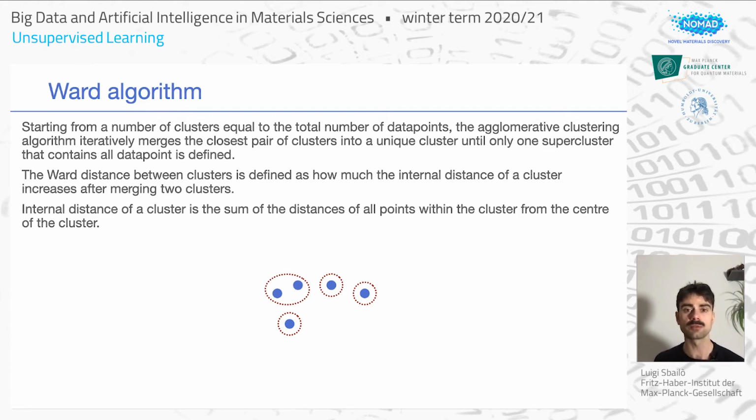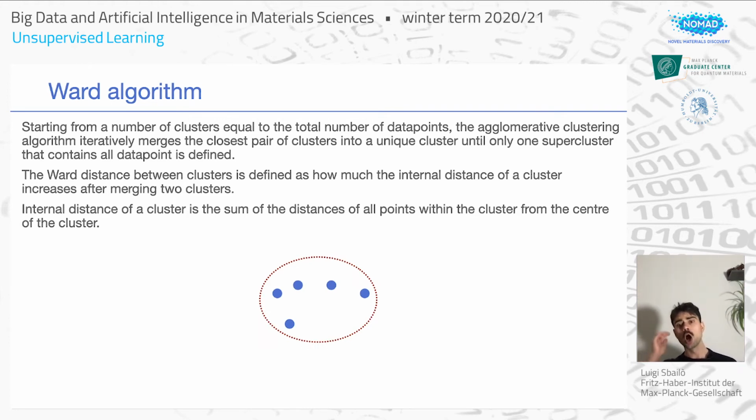And in this case, in fact, the best solution would be for the algorithm to merge the clusters to the right, rather than making the other cluster increase from 2 into 3 components. And then it would assign the single point to another cluster, and then the final result is the following, where all points are within a unique large cluster. Clearly, we are not interested in this result, because it simply assigns all points to one cluster.